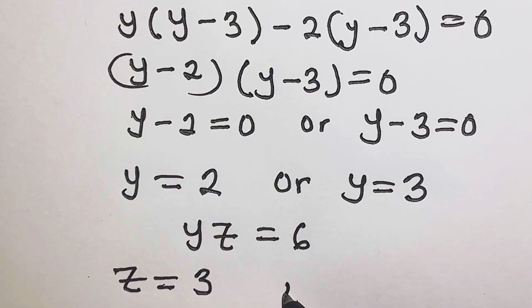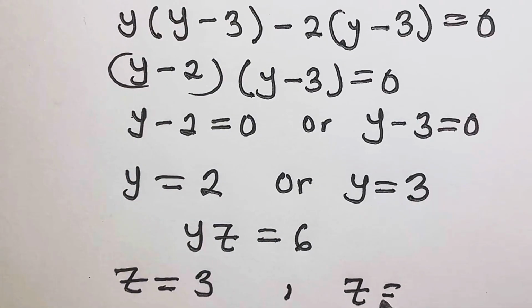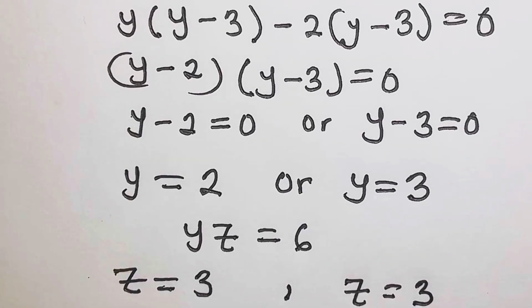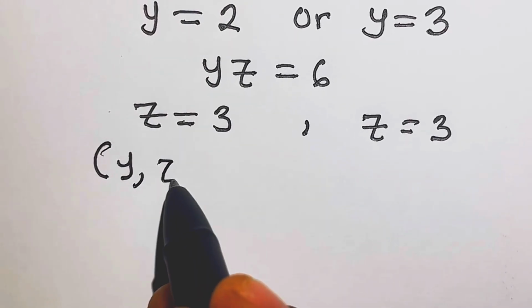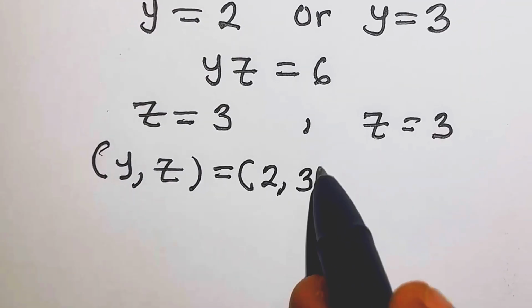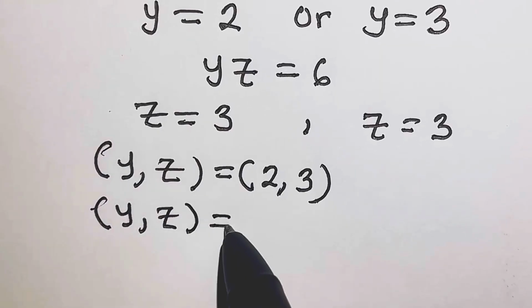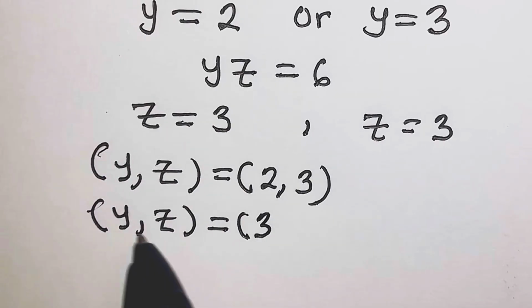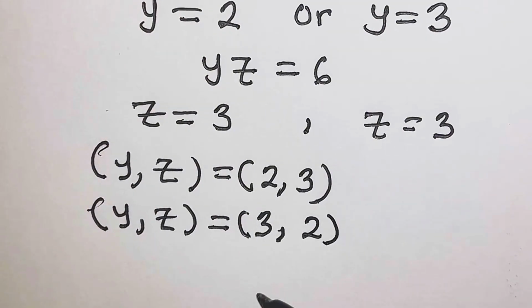And here y equals 3, so our z will become 2, right? So we are going to have a pair of y comma z, which is 2 comma 3, and again we have a pair of y comma z, that is y equals 3 and z equals 2 here. But we have to find x, right?